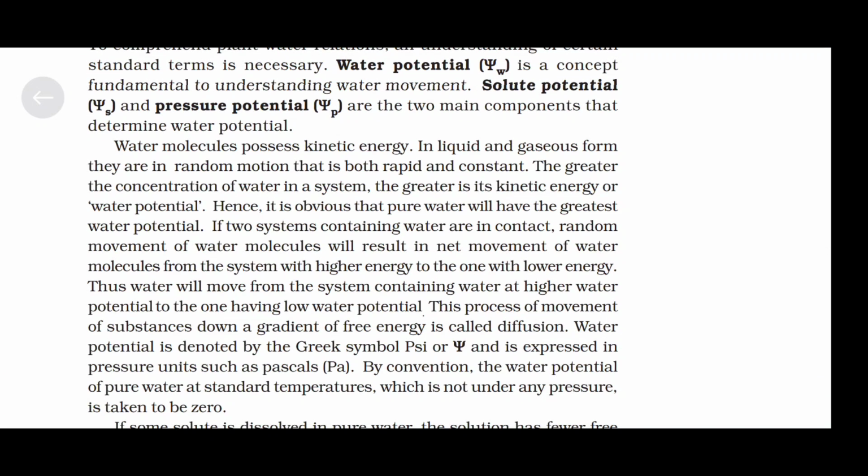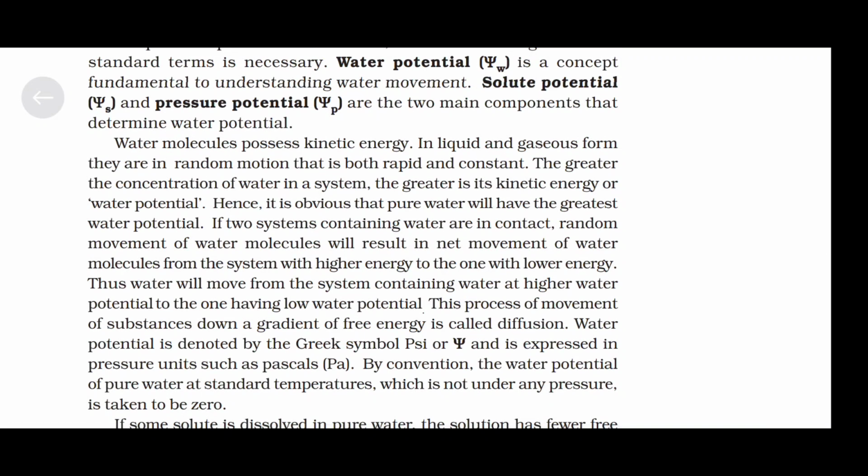Water molecules possess kinetic energy. In liquid and gaseous form, they are in random motion, both rapid and constant. The greater the concentration of water in a system, the greater is its kinetic energy or water potential. Hence, it is obvious that pure water will have the greatest water potential.